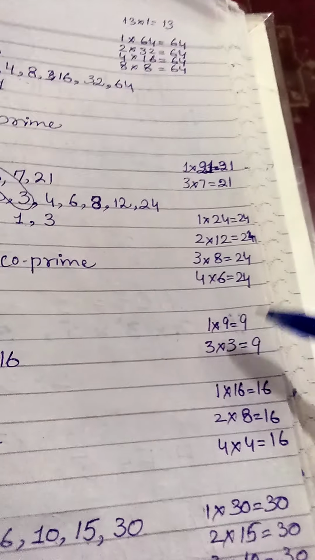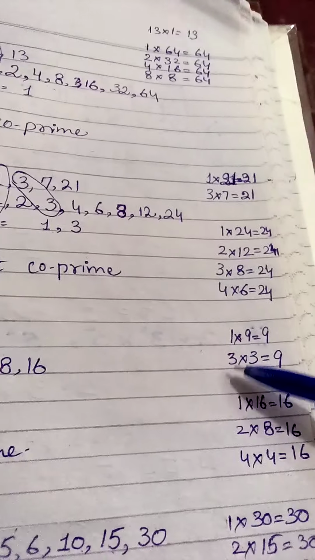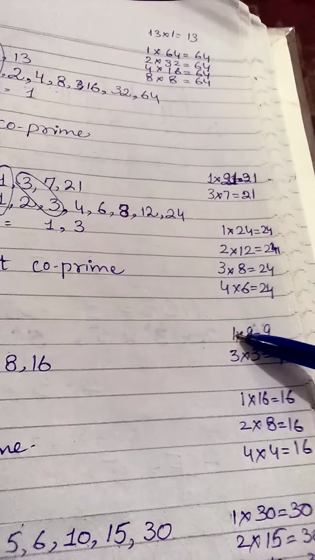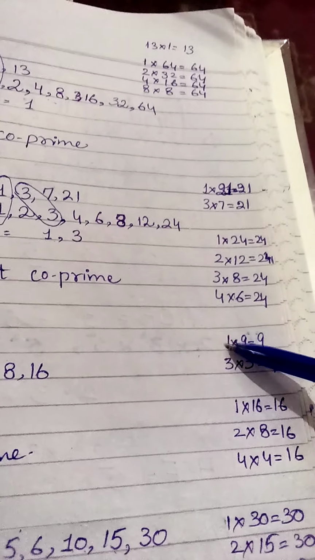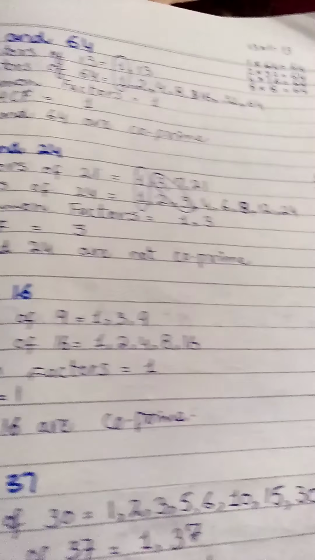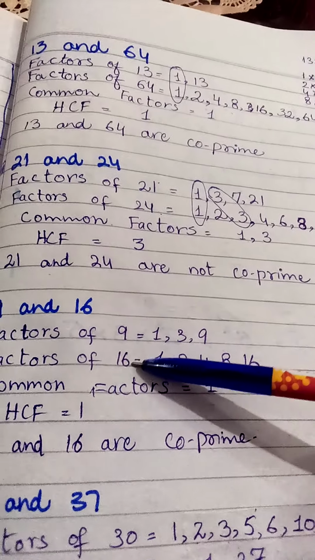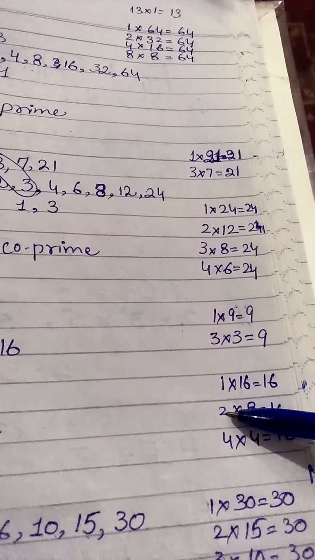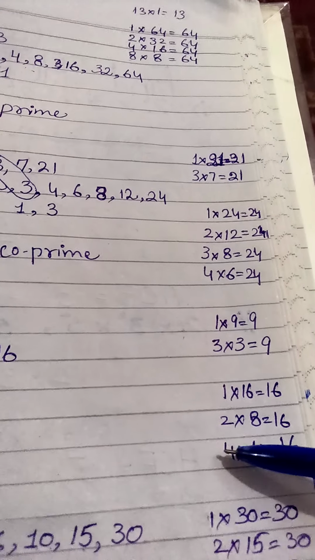We will find the factors of 9 and 16. The factors of 9 are 1, 3 and 9. 3 appears 2 times, we will consider it 1 time. Similarly, the factors of 16 are 1, 2, 4, 8 and 16. 4 appears 2 times, we will consider it only 1 time.